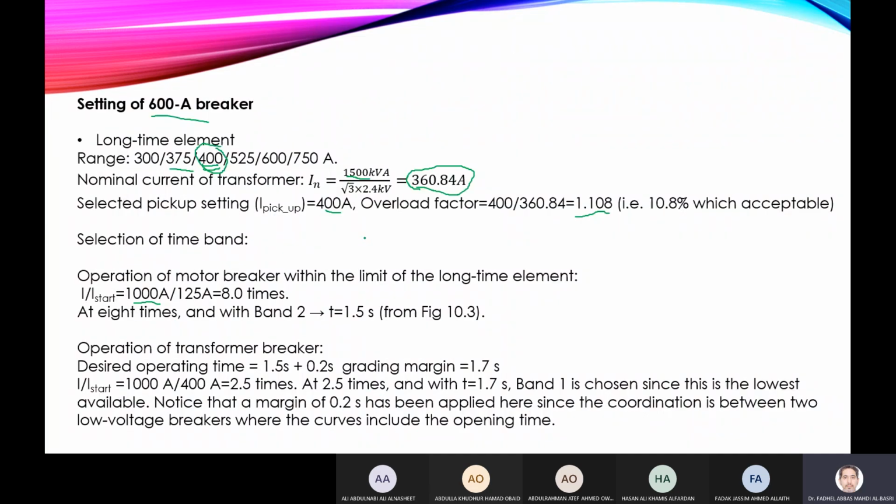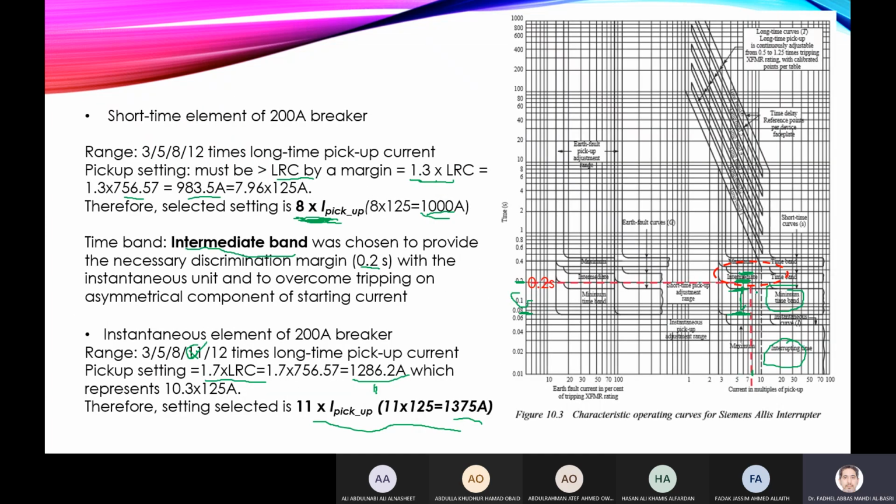So at 1000 I want to see what was the operating time of the 200 breaker. From the curve, at 1000 over 125, that represents 8 times. At 8 times from the curve, it gives me the operating time. Not this one, I have to go for the long time at 8 times. It gives me this for band 2, because band 2 is my setting.